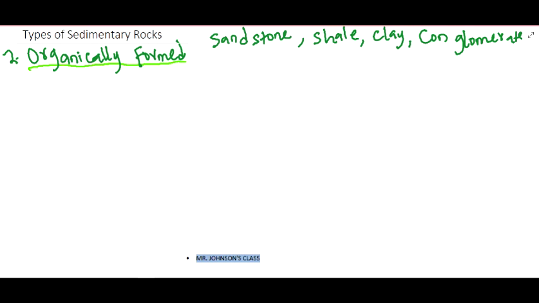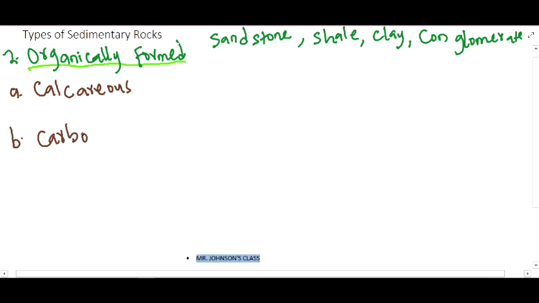They can be formed from plant remains or animal remains, and we have two types of organically formed sedimentary rock. One is the calcareous, and the second one is the carbonaceous.